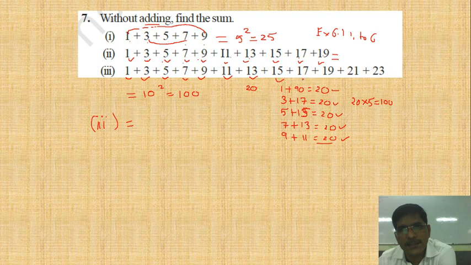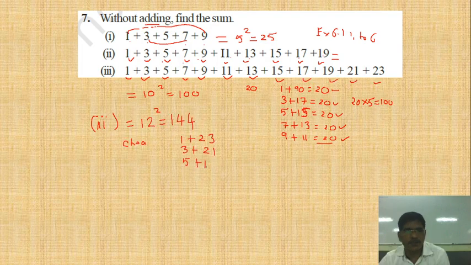Now for checking purpose: 1 plus 23, 3 plus 21, 5 plus 19, 7 plus 17, 9 plus 15 and 11 plus 13.